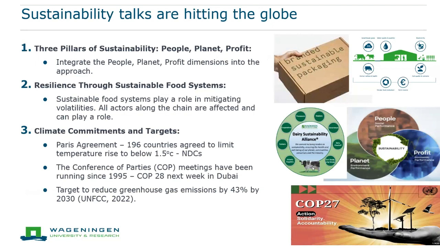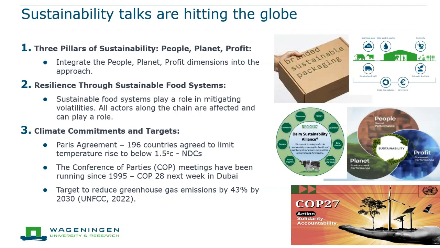So recently there have been lots of sustainability talks. We've been talking about the people, planet, and profit dimensions, which I also saw in the chat when we were discussing our views on sustainability. There are also discussions about food systems approaches and resilience.